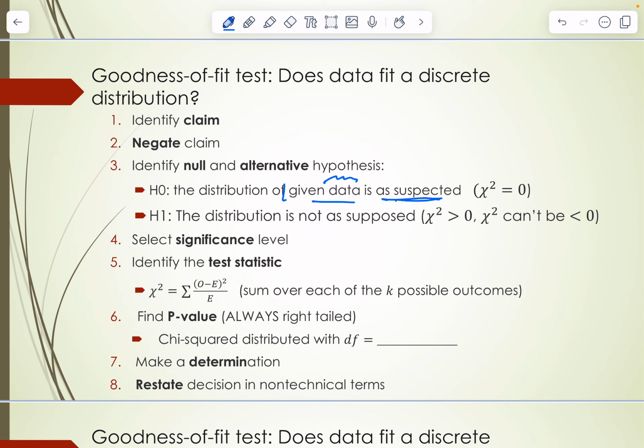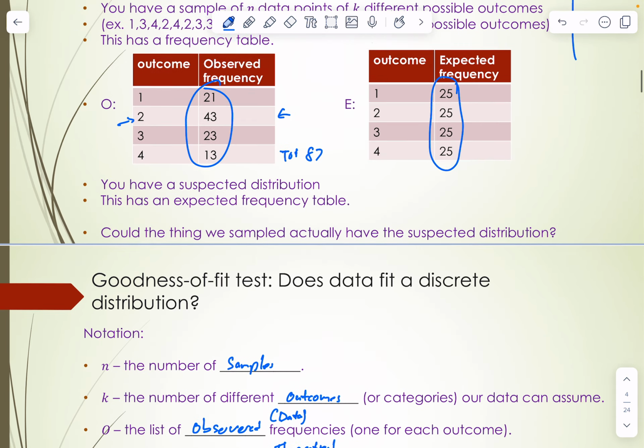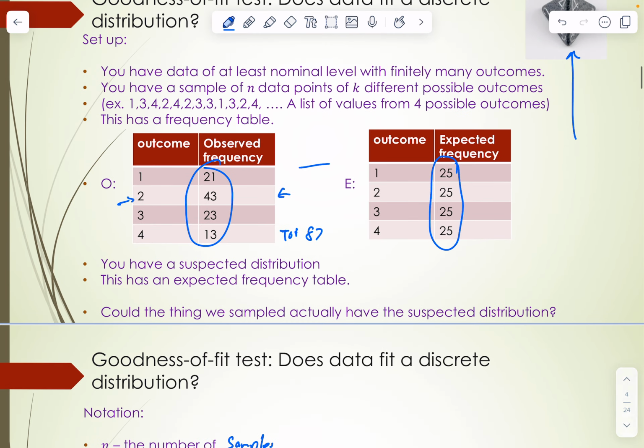See, we know the distribution of the data. That's written, and in this case it's clearly not the same as this. The frequency of the data is not the same as the expected. But is the difference in the data sufficient to suggest that the actual theoretical underlying process that made that data is flawed?